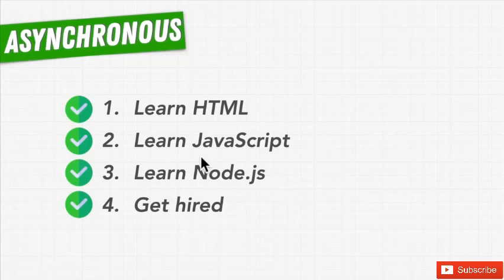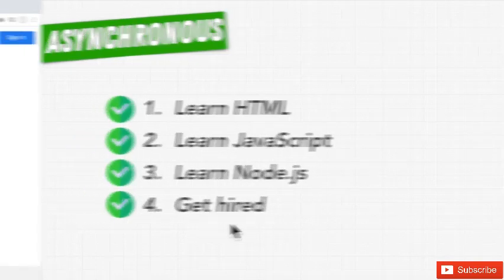Oftentimes, in your programs, there will be some asynchronous functions. These asynchronous functions run in the background while your JavaScript has already moved on to the next line of code.